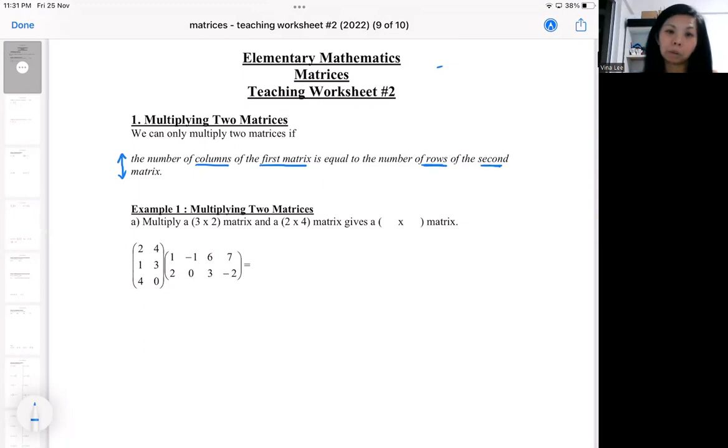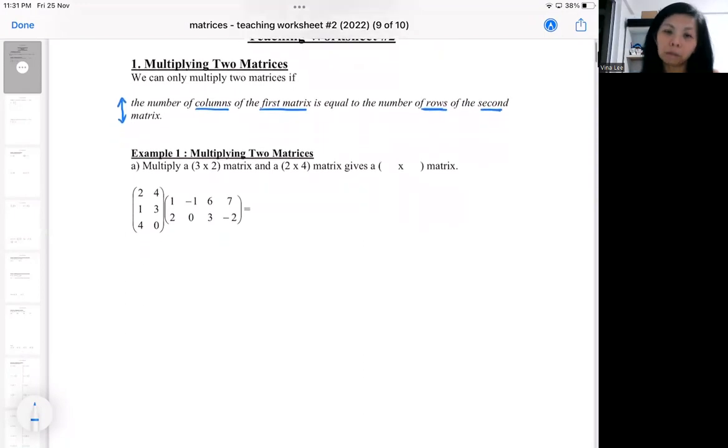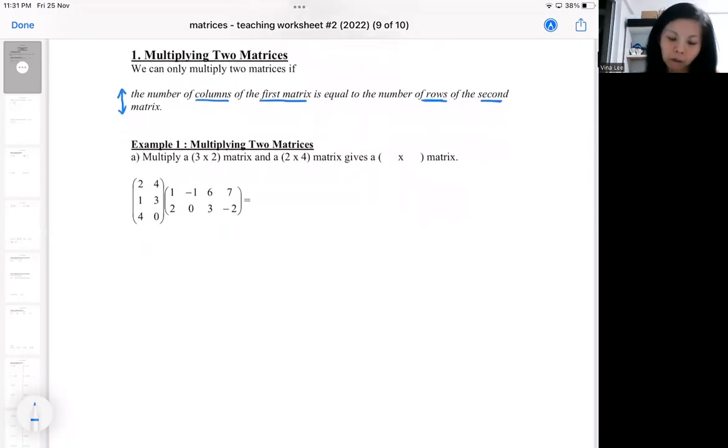The easiest way to decide whether you can multiply matrices is to write the order first. The first matrix that comes to you will be the first matrix, and the second matrix will be the second one.